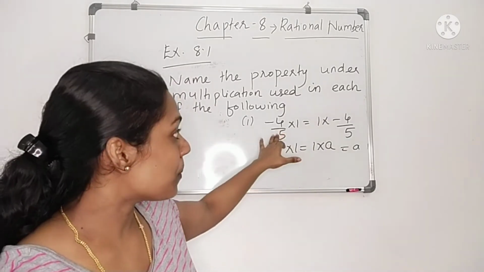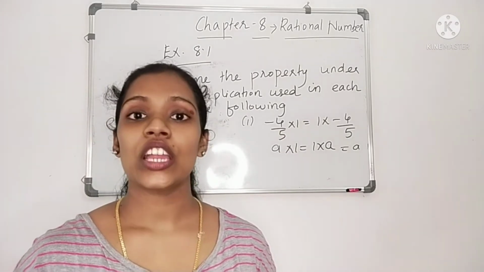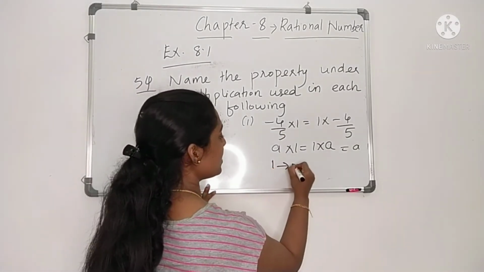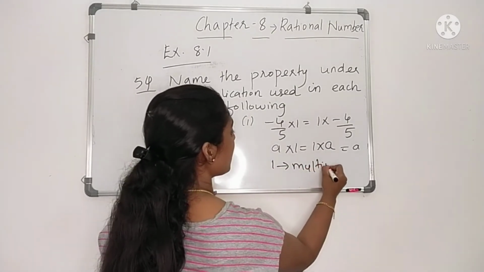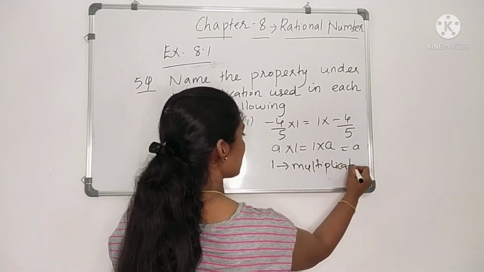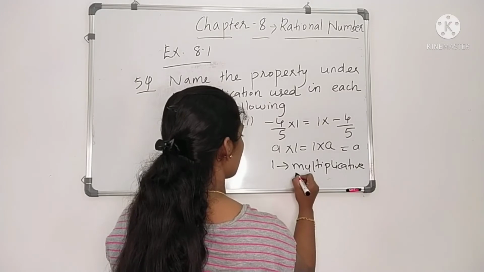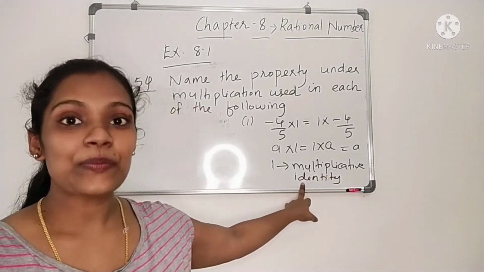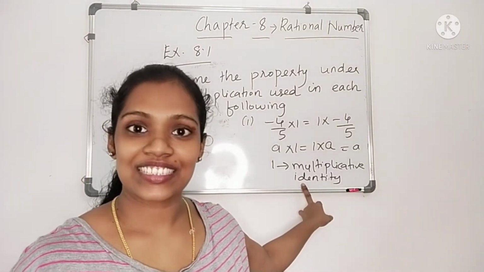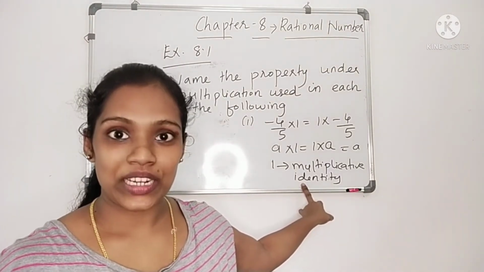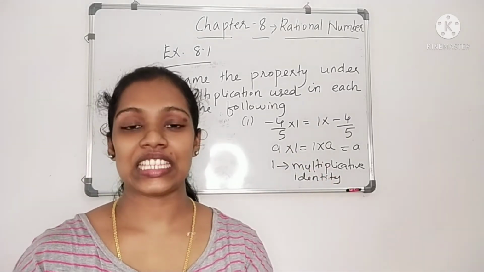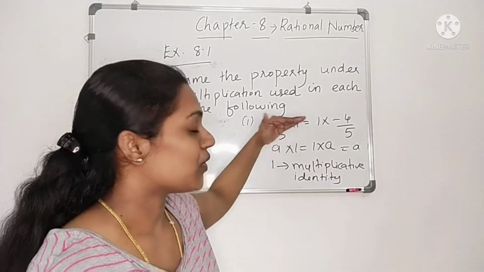If you multiply any number with 1, you get the same number itself. So 1 is a multiplicative identity, and this is the property used in the question given to you.